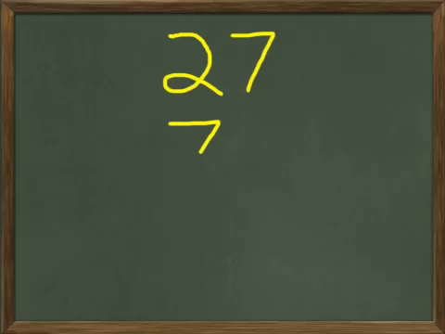Okay, let's do next 27. You write 27 on your paper, and I'll write 27 here on my board. So that's 27. Now below your 27, I want you to write 72. Can you write that?